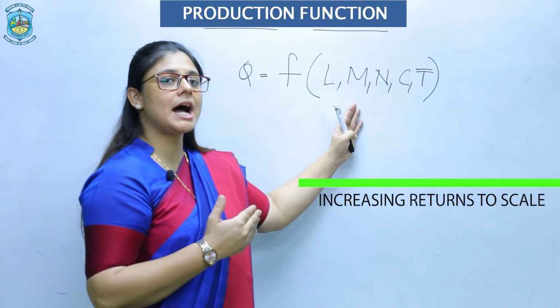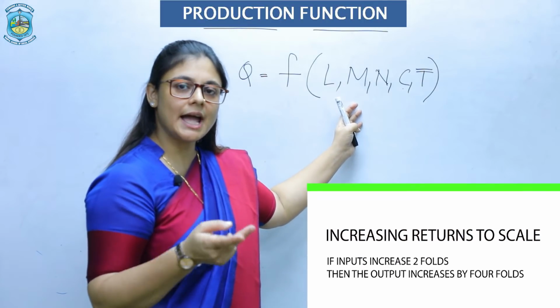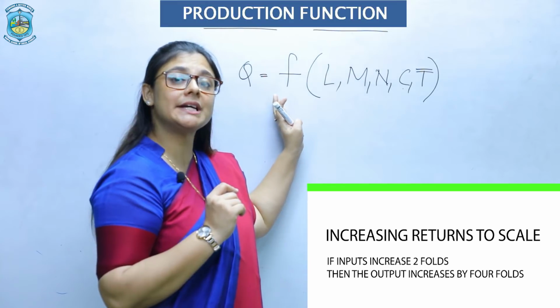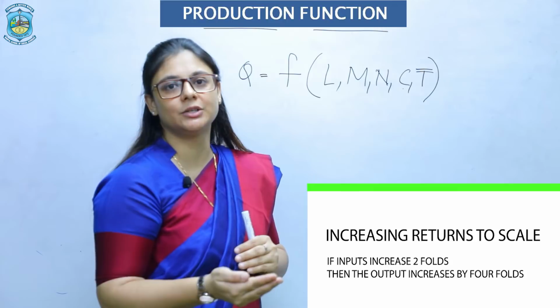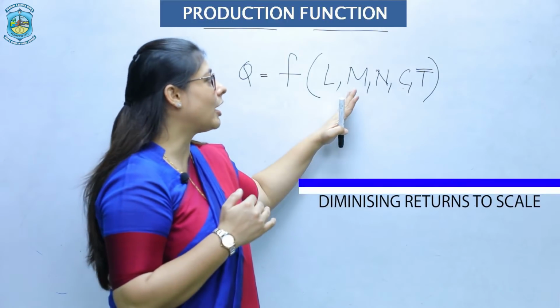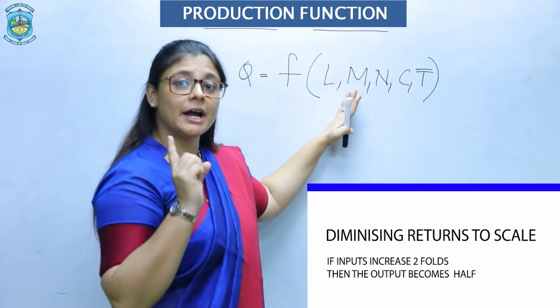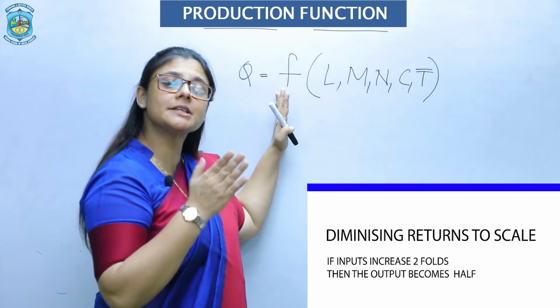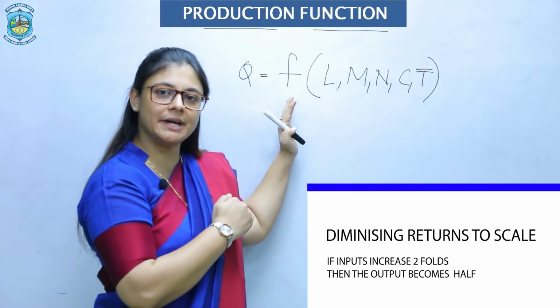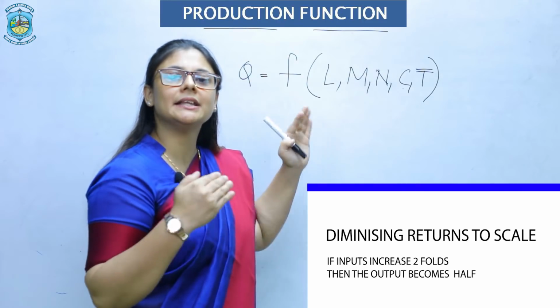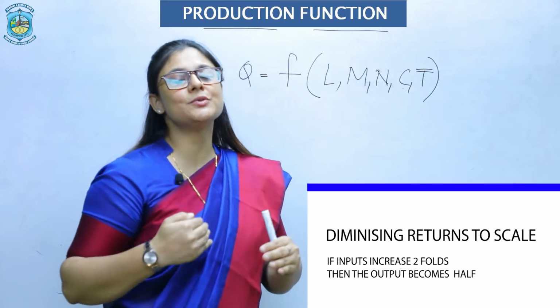If your inputs are changing two-folds but the resultant output is changing by 4 times, then it is an increasing return to scale. And if your inputs are changing by two-folds but your output is becoming half, two-folds and half, that is the comparison here. So therefore we can say that it is a decreasing returns to scale.